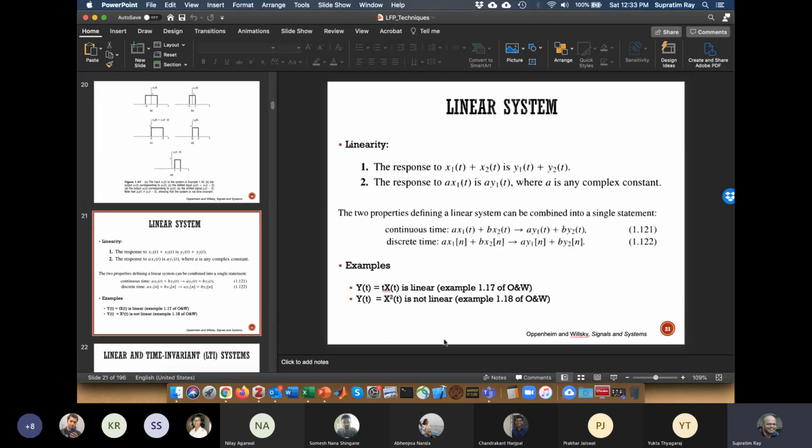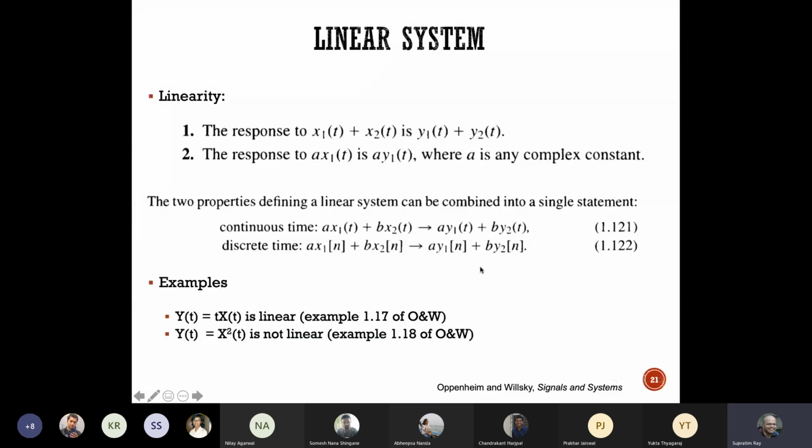So then I will talk about the second property, which is linearity. This one is, I guess, a little bit easier to understand. If I give you a signal x1 and the output is y1, and an input x2 whose output is y2, then if I give you an input x1 plus x2, the output is going to be y1 plus y2. These are linear systems.